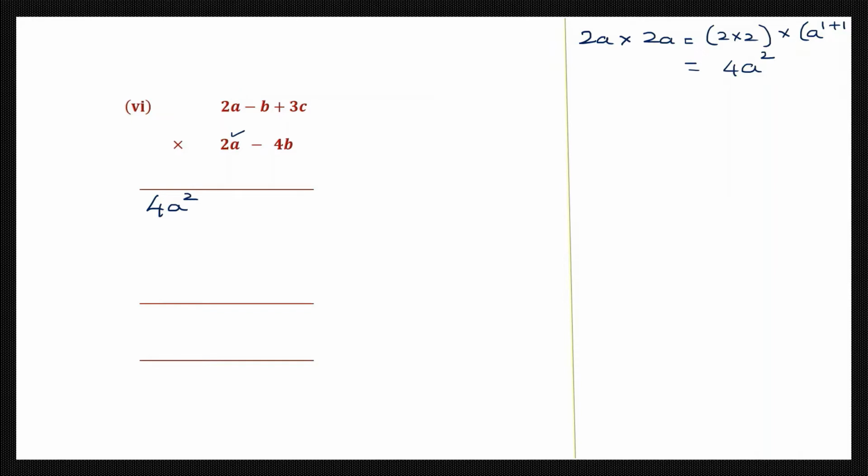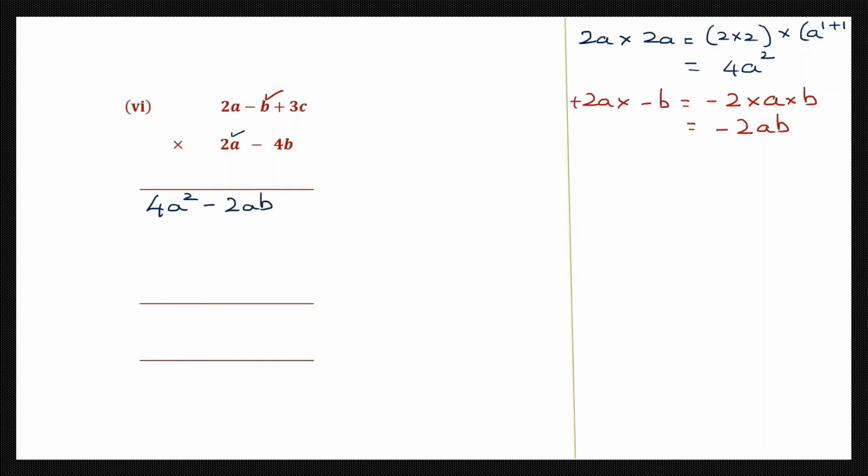Let's multiply with minus b. So 2a into minus b. So plus into minus is minus. We have the number 2 and then we have 1a and 1b. So this will be minus 2ab. So let's write it down, minus 2ab.